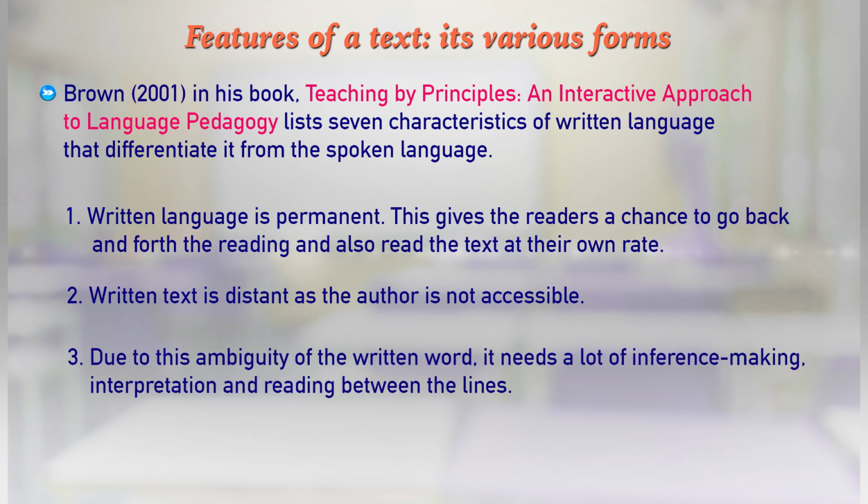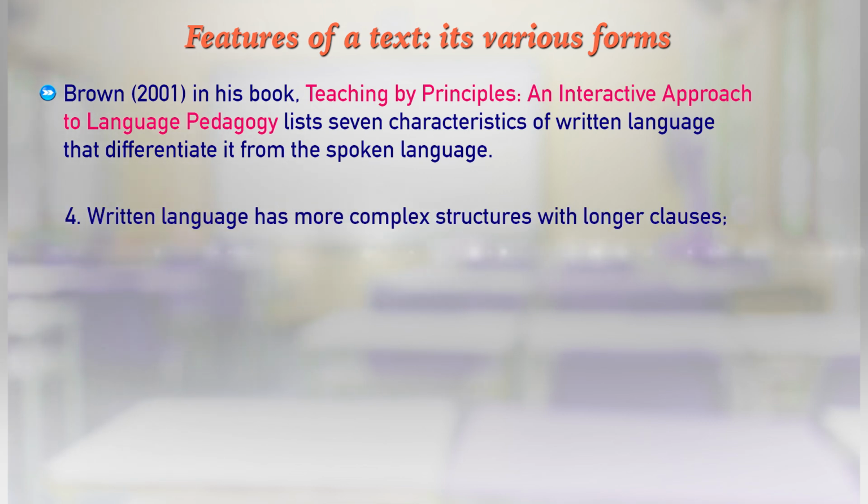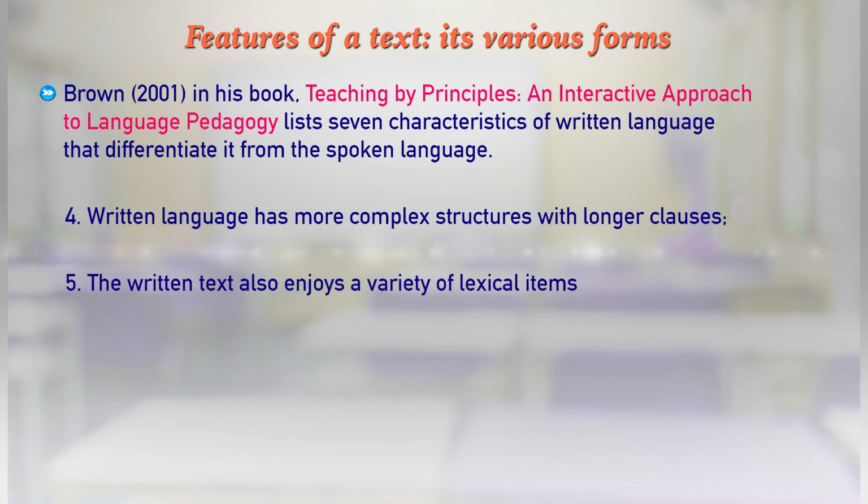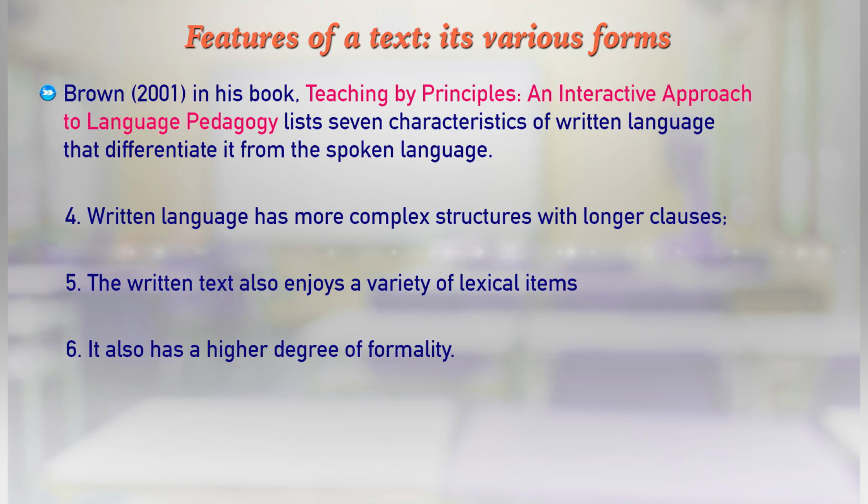Number 3, due to this ambiguity of the written text, it needs a lot of inference making, interpretation and reading between the lines. Number 4, written language has more complex structures with longer clauses. Number 5, the written text also enjoys a variety of lexical items. Number 6, it also has a higher degree of formality.